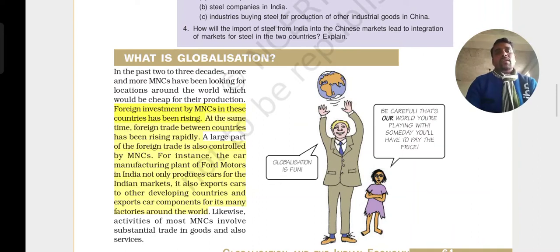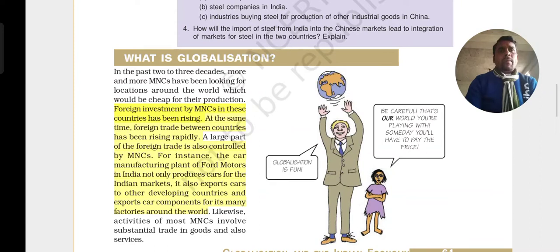MNC is a multinational corporation. It always thinks about how its goods can be produced with a cheaper amount of investment. MNCs do foreign investment, but they always look for areas where they can spend less money, produce goods, and sell them at a good profit.